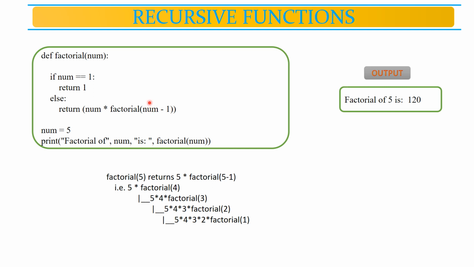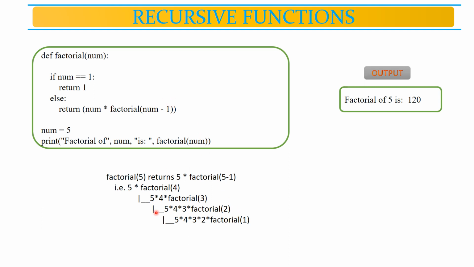In the first step, the num value is 5 and the factorial of num minus 1 is factorial of 4. In the next step, it will be 5 star factorial of 4 minus 1, which is 3. In the next step, 5 star 4 star, and factorial of 3 minus 1, which is 2.